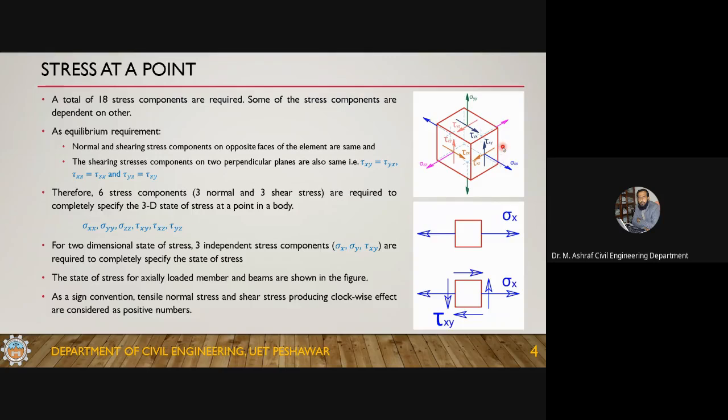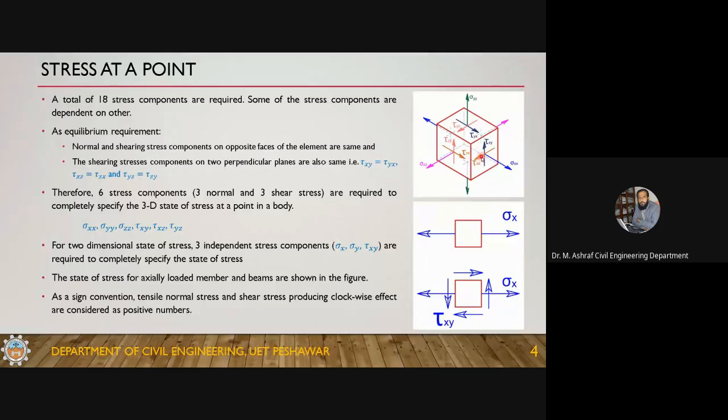If you have a shear in this direction, then on the negative face you have shear in the other direction, and if this is acting upward, then there is a stress acting downward. That is the requirement of equilibrium, that the stress components on the x plane must be the same and opposite to those on the minus x plane, and similar is the case for y. For y, the stress components on the negative y face are the same as on the positive y face, but in the opposite direction.